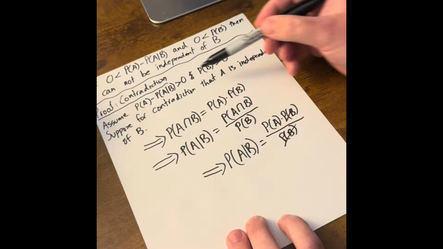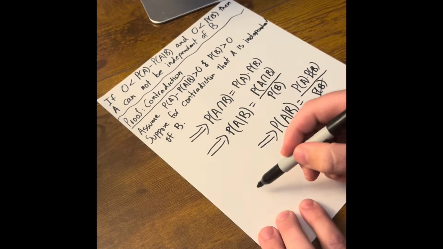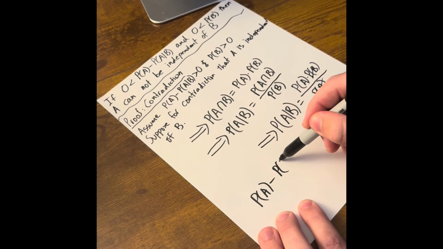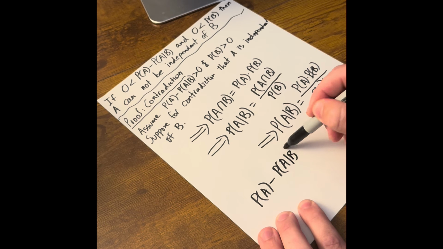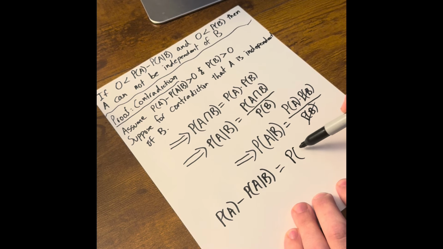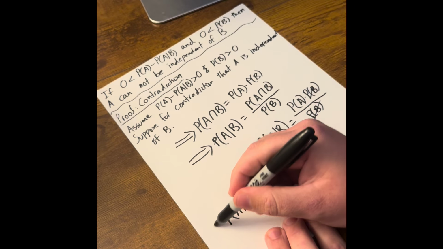Now we're going to use our original assumption here and know that the probability of A minus the probability of A given B, well, we know the probability of A given B, so we have the probability of A, and we know that it's also greater than 0.